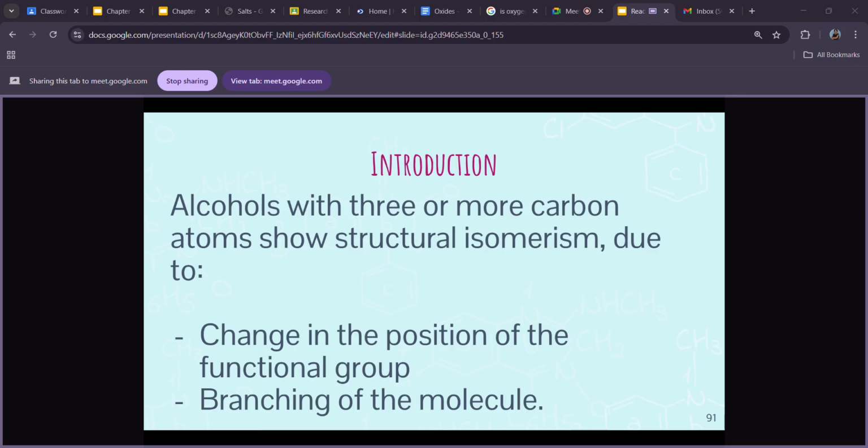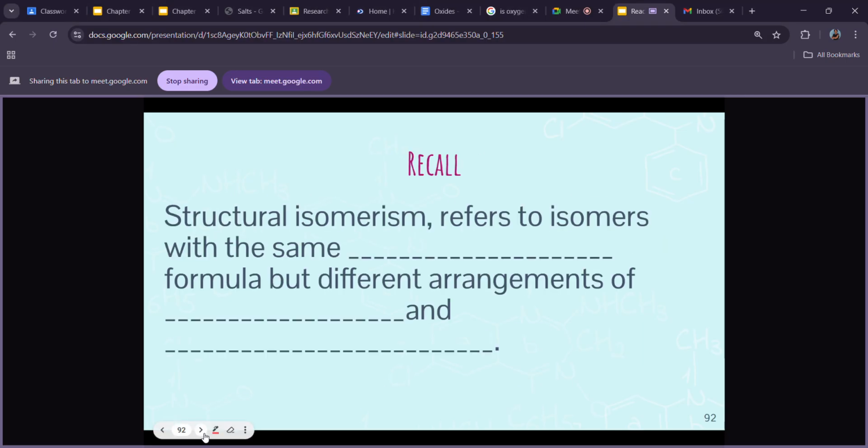That gives some form of structural isomerism. And also we can have branches whenever we have more than 3 carbons in the alcohol. That also gives us structural isomerism. Right, so this says structural isomerism refers to the isomers with the same dash formula but different arrangements of dash and dash.